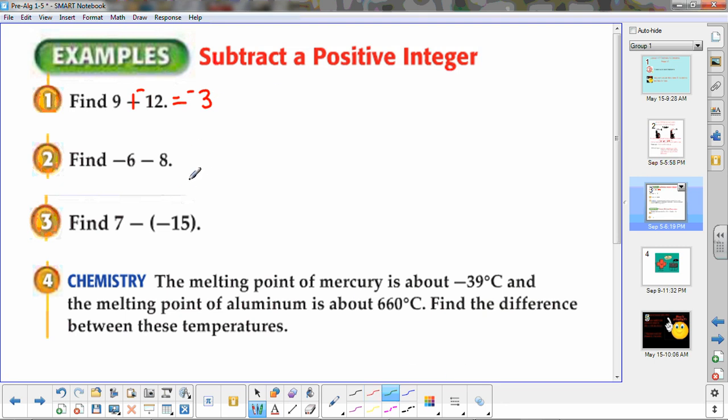In example 2, negative 6 minus 8, you're going to change to negative 6 plus the opposite, or negative 8. So again, chop minus. Negative 6 plus a negative 8, they're both the same, so add and keep the sign, negative 14.